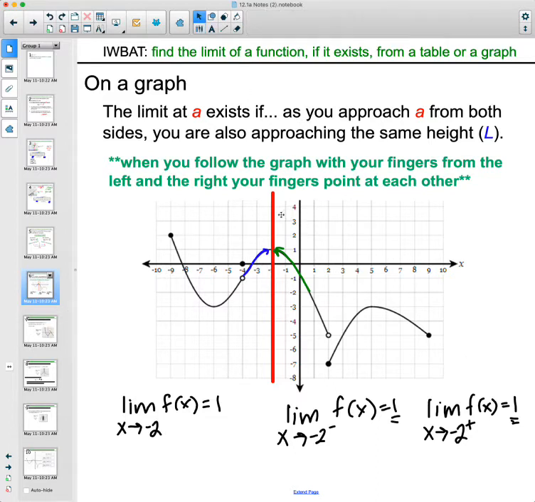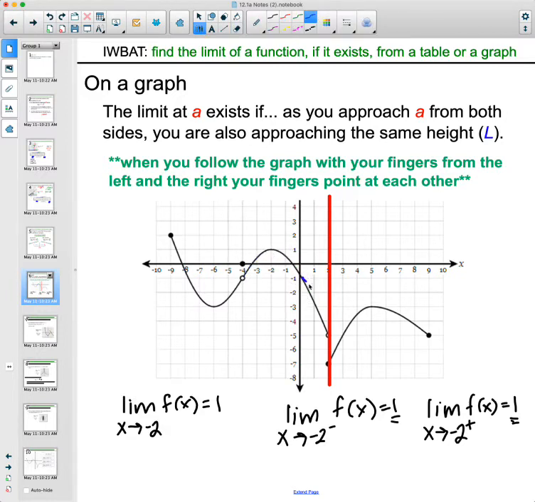So a place where the overall limit wouldn't exist would be something like this. In this one, as you're approaching from the left, coming at this function from the left, we approach 5. So the height here is at 5. And as we approach from the right, this one is going towards negative 7.